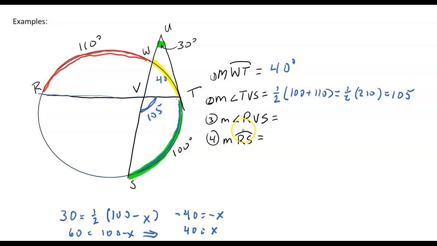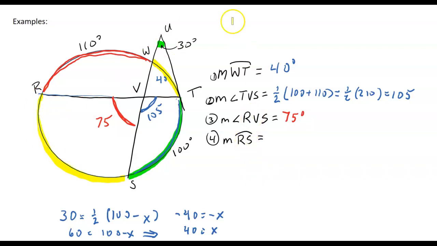Okay, how about the measure of angle RVS? Okay, that's this angle right here. It is going to be the supplement to 105, so it's going to be 75 degrees. Okay, so what does that make the measure of arc RS, which is this arc right here?